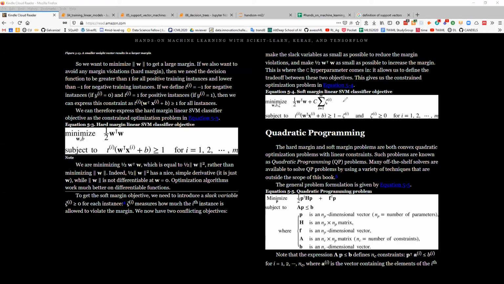Let's redefine W as W prime, and let's look at the ith component of W prime. Let's make it the ith component of W, and then just for fun, we add this term, square root of C.